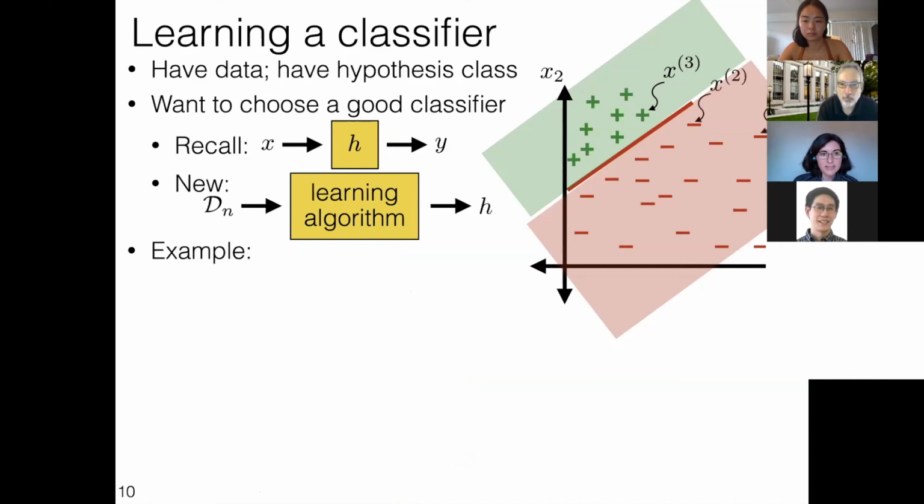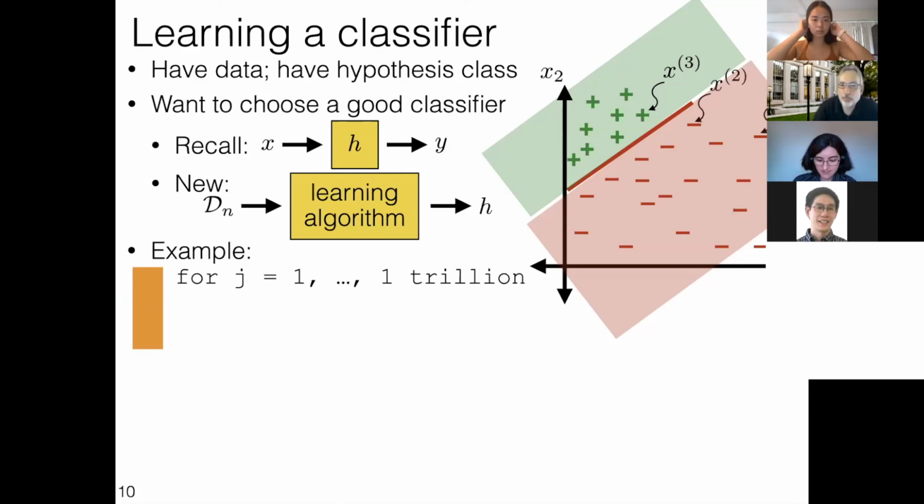So here's our example learning algorithm. Now, before we get into the learning algorithm itself, let's imagine that my friend did some work for me and came up with a bunch of classifiers. In particular, my friend went and for 1 trillion different times generated some classifiers for me.